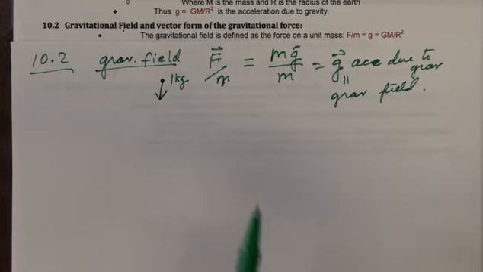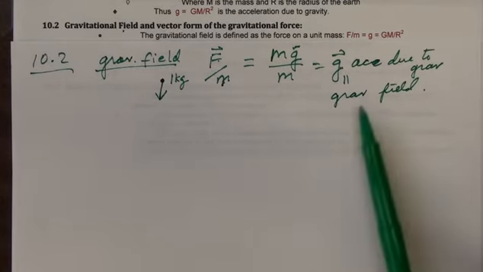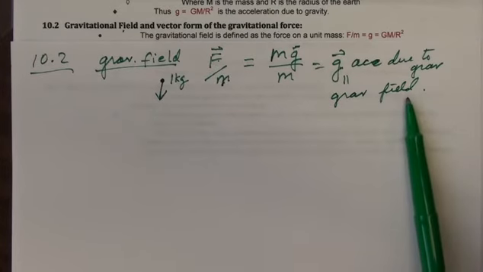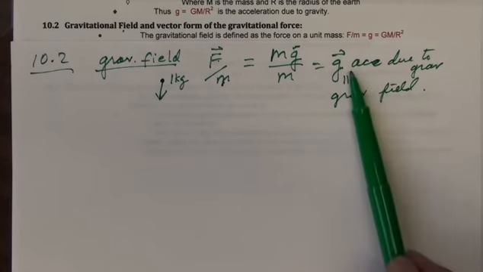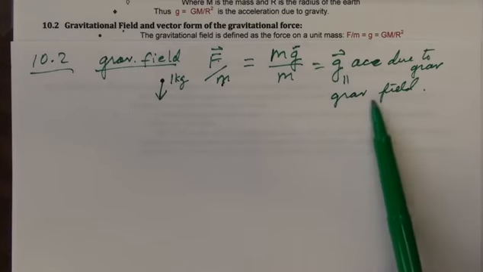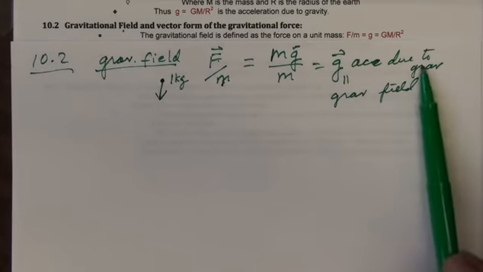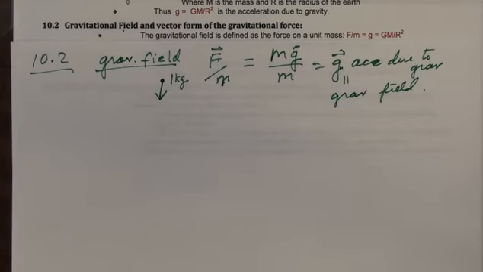So if someone asks you on a test, what is the gravitational field near the surface of the Earth? The answer is 10, or 9.8, or 32 feet per second squared. Or you could say it's equal to the gravitational acceleration anywhere, on any planet, and so forth.